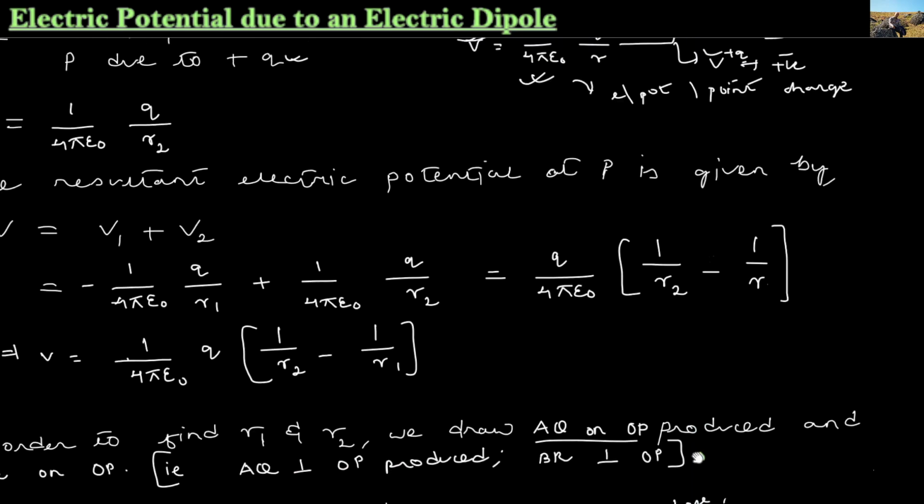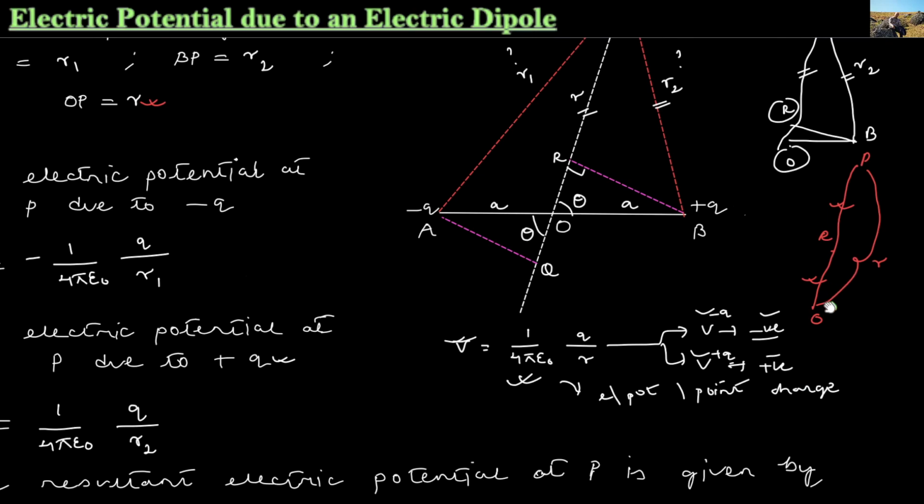Again, let me repeat. From O up to P, it is equal to small r. Then we want to find what is this PR. PR is the question mark. How much is from O up to R? From O up to R, it is A cos of theta.